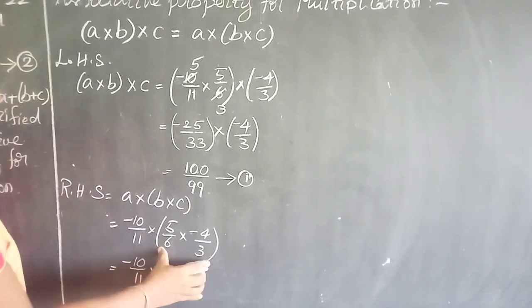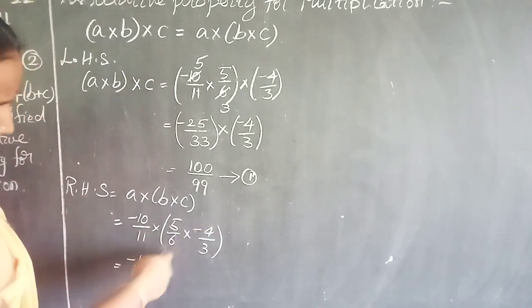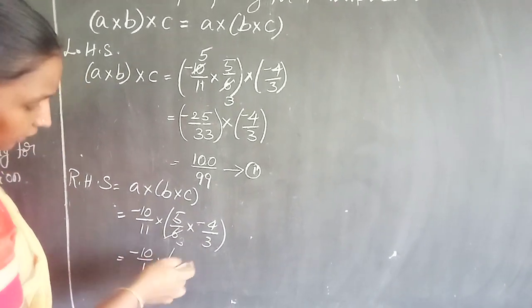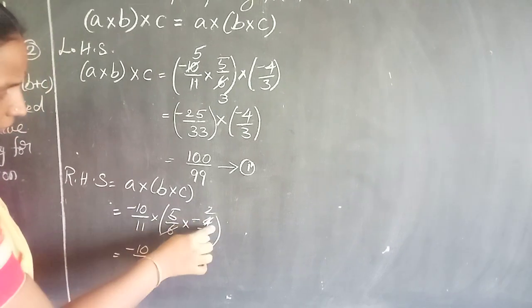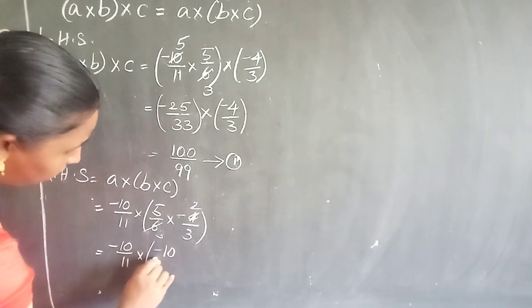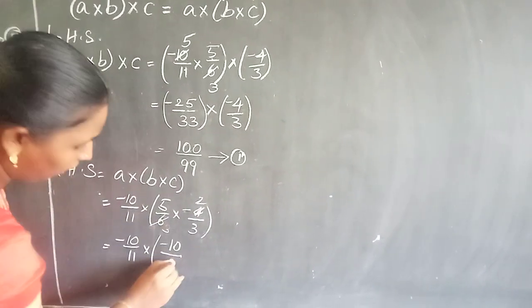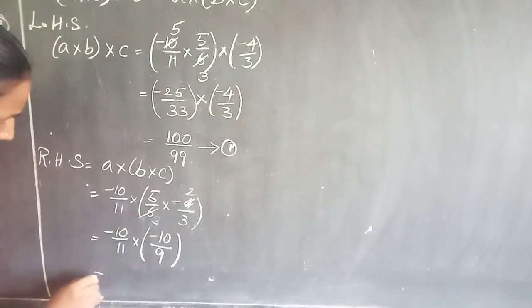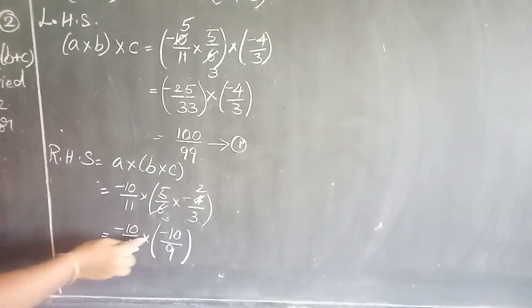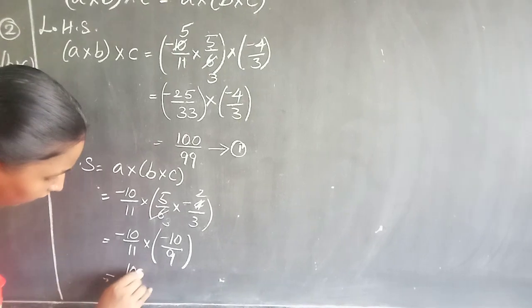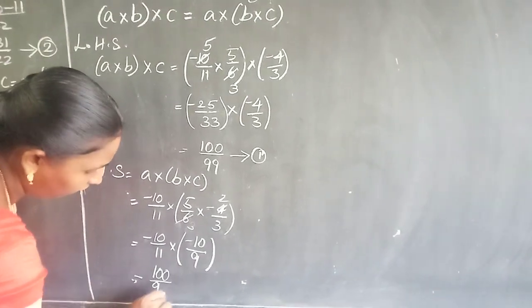First you have to solve the brackets. So if it is possible you can cancel in 2 table. 2 3s are 6, 2 2s are 4. So 5 into minus 2 will get minus 10 divided by 3 3s are 9. So here minus into minus will get plus. 10 into 10, 100 divided by 11 9s are 99.